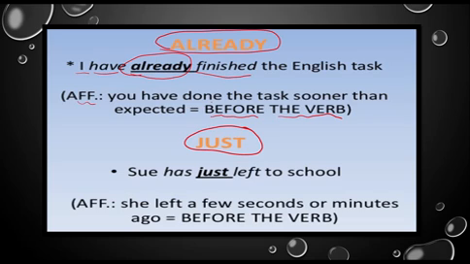Sue or she, Sue has just is before the verb, and the verb is in past participle. She, or in this case, her name is Sue. Sue has just left to school. She left a few seconds or minutes ago, before the verb, okay?